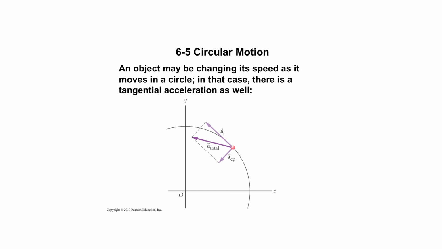You've got centripetal acceleration going towards the middle of the circle, but you also have a tangential acceleration going forward because you might be speeding up or slowing down as you go around a circle, which only makes everybody's lives worse. If we're going to do math about that, please never speed up or slow down.